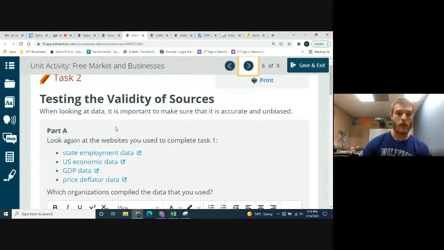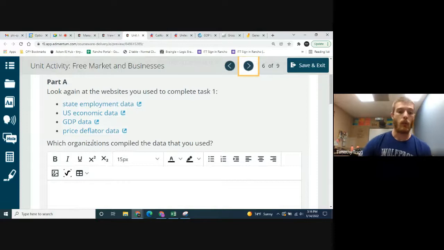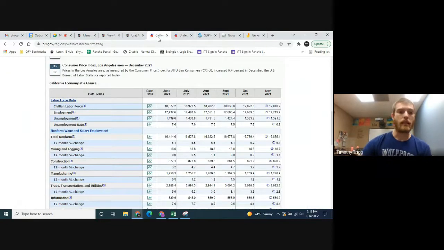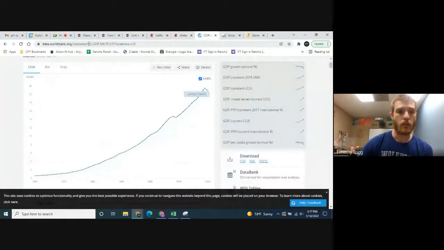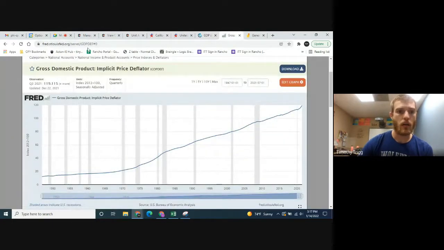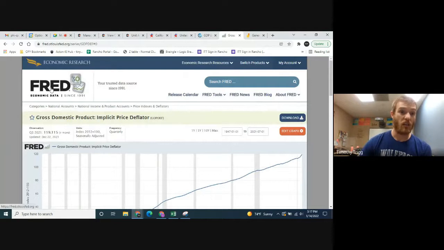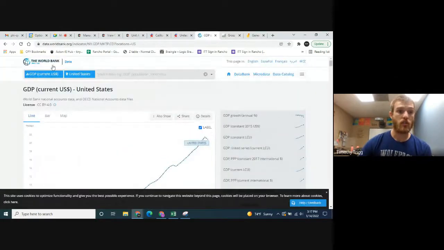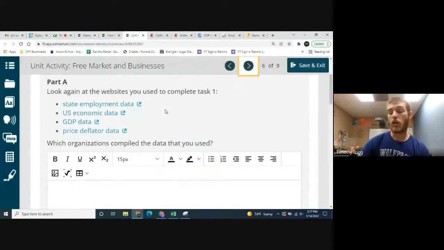Okay. Look again at the websites that you use to complete task one. Which organizations compiled the data that you use? So when we look at these things, notice it's .gov, .gov, .gov. Well, this one's a .org, and this one's a .org, but this is economic research. This is the World Bank. So these seem like all very good, credible sources.